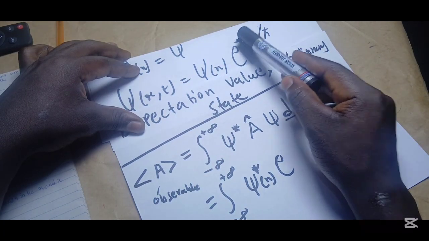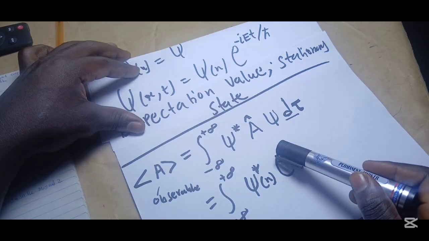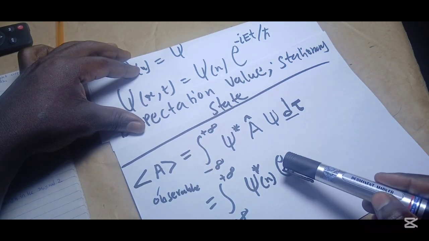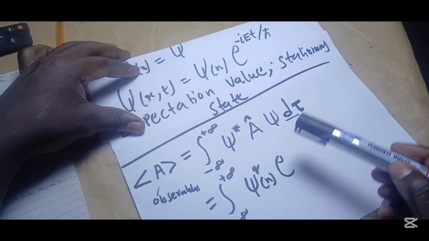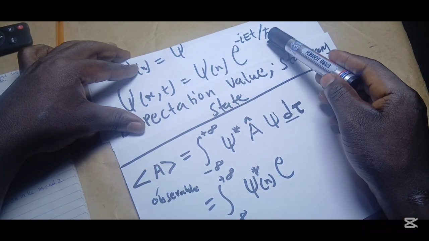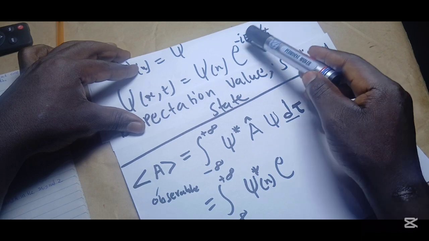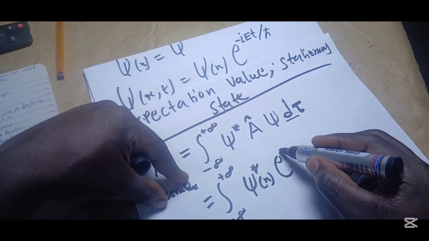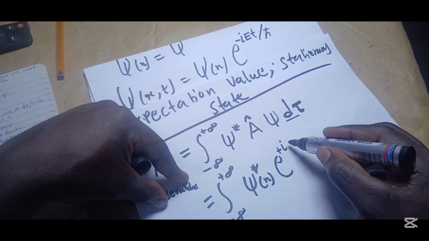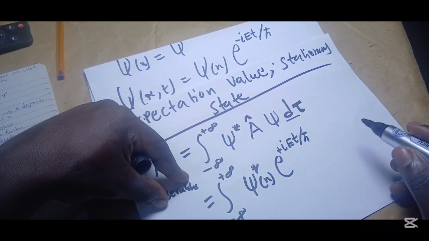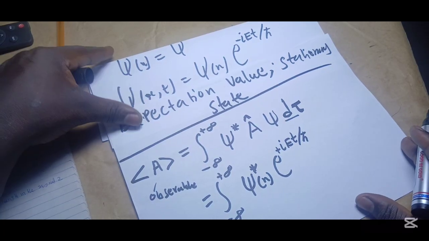If it is positive, the complex conjugate is going to take the negative part. If it is negative, the complex conjugate is going to take the positive part. In this case, the general wave function has a negative power of e. So the complex conjugate of the wave function is going to be positive i E t over h bar.